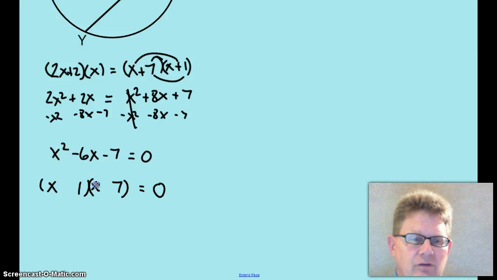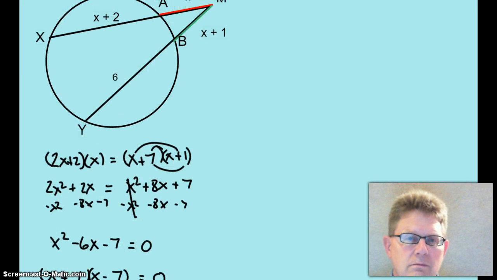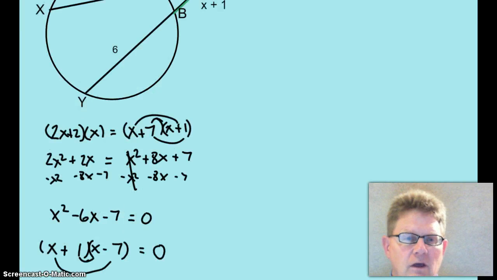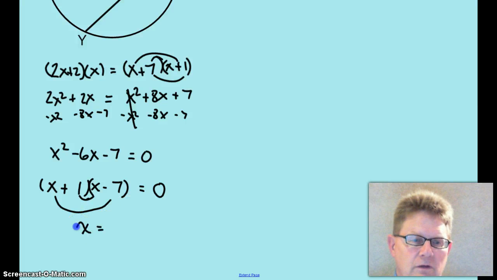And I need a negative 6, so I'll do a minus 7 and a plus 1, because that'll give me plus 1x, and minus 7x for a minus 6x. So x plus 1 or x minus 7. So x equals negative 1 or x equals 7.